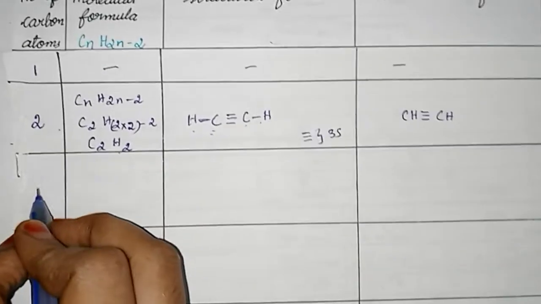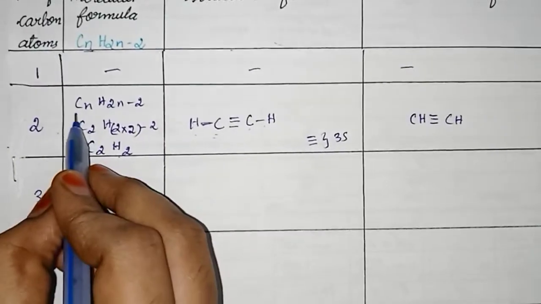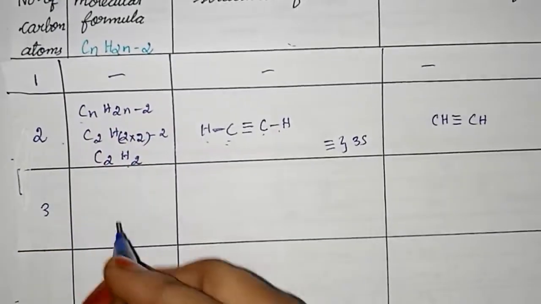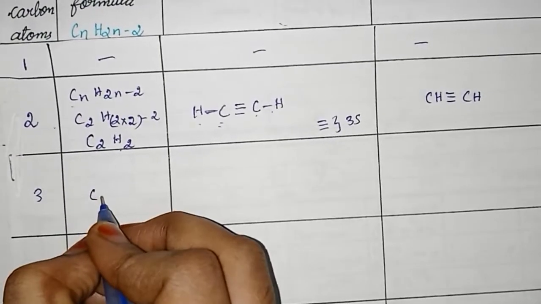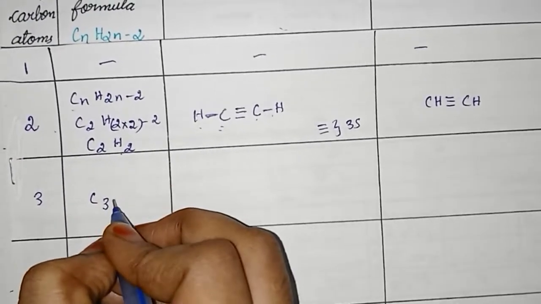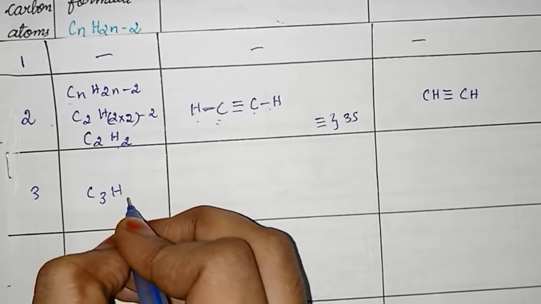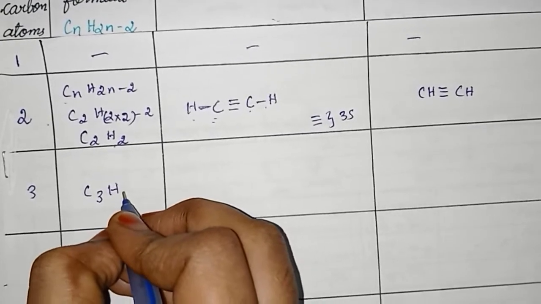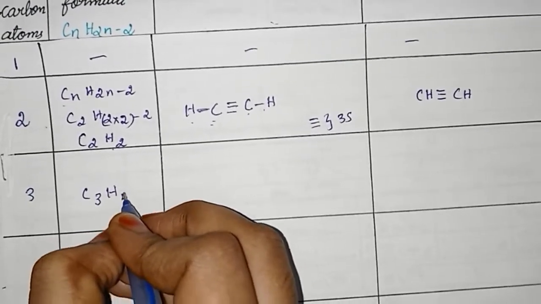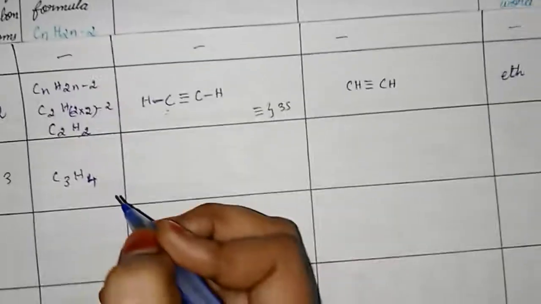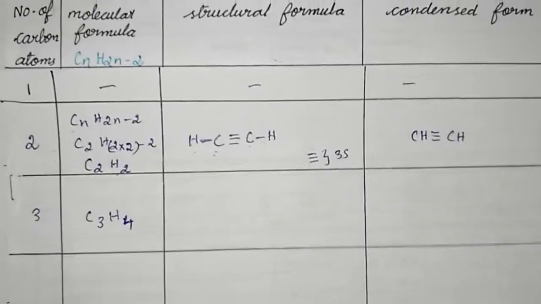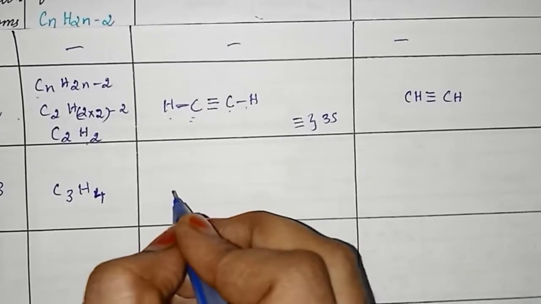Okay. Next, number of carbon atoms 3. So we substitute n = 3 in the general formula, and we get C3H4. Okay. Next we draw the structure. First we write the carbon atoms.